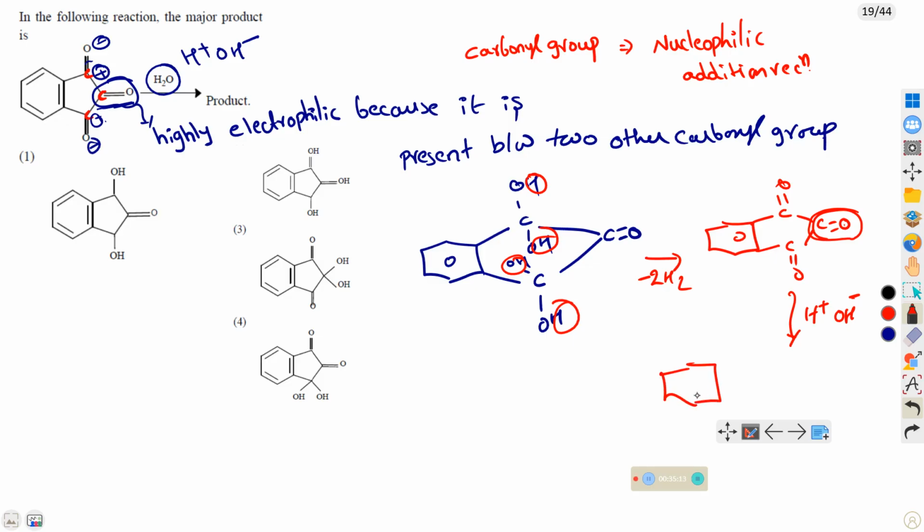Then it gives the compound like this: C=O, C=O, CH, C(OH)(OH). This is a nucleophilic addition reaction. So the answer is the third option.